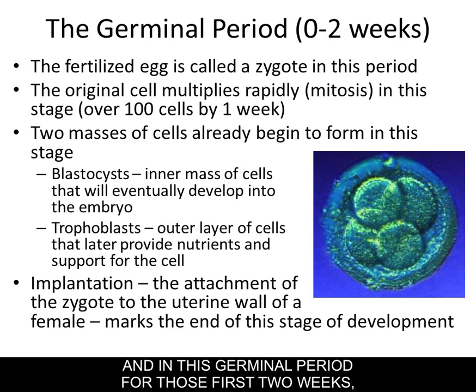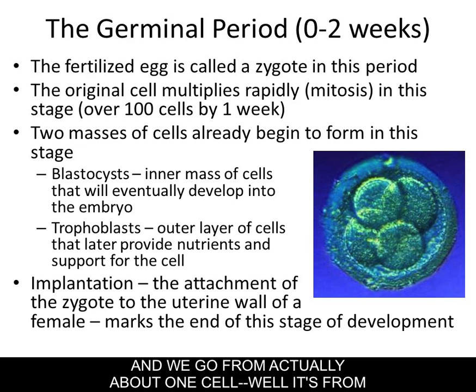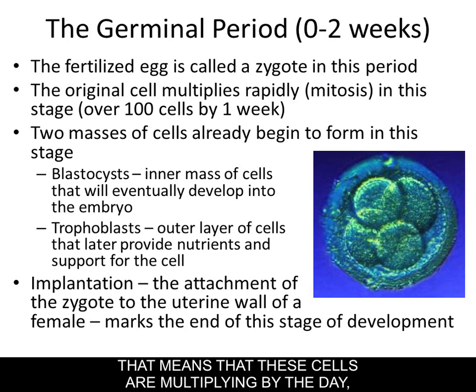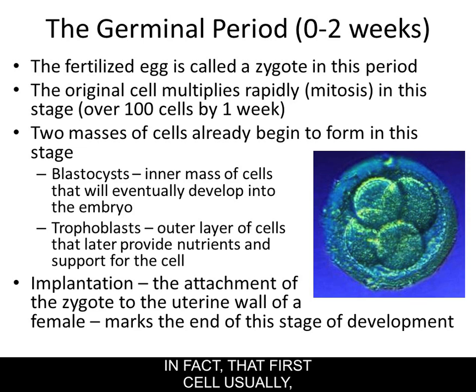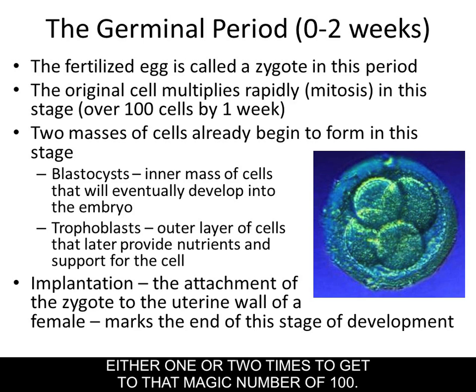And in this germinal period, for those first 2 weeks, the process of multiplication that we call mitosis is occurring very rapidly. We go from exactly one cell, that zygote, to approximately 100 cells by the first week. That means that these cells are multiplying by the day. In fact, that first cell, usually in the very first day, has already reproduced either 1 or 2 times to get to that magic number of 100.